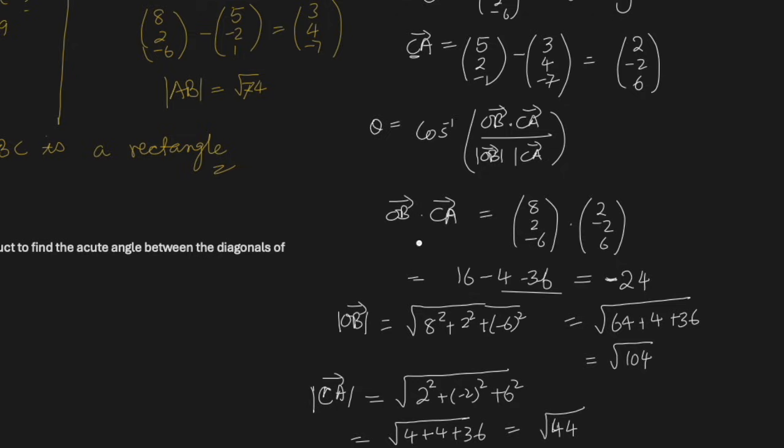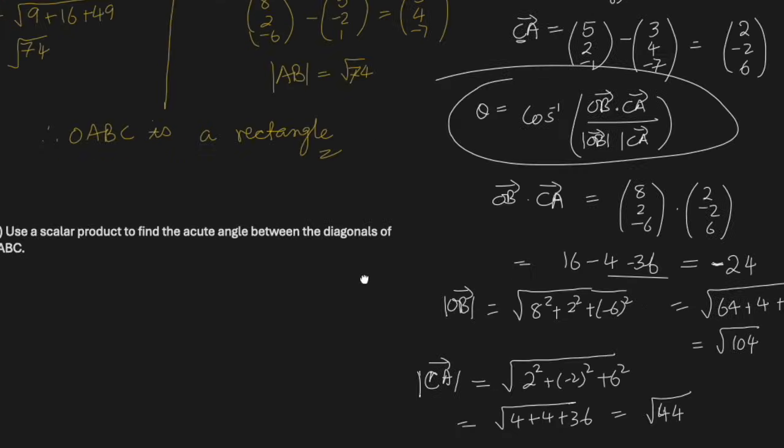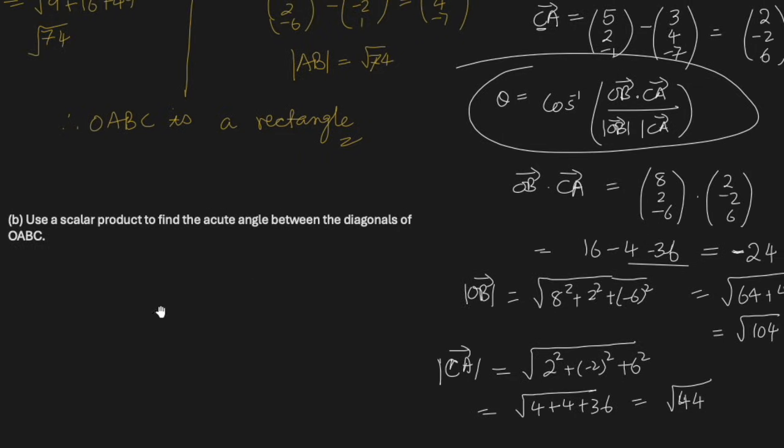Now we will use the formula we just decided. So theta equals cos inverse of minus 24 over square root 104 times square root 44.